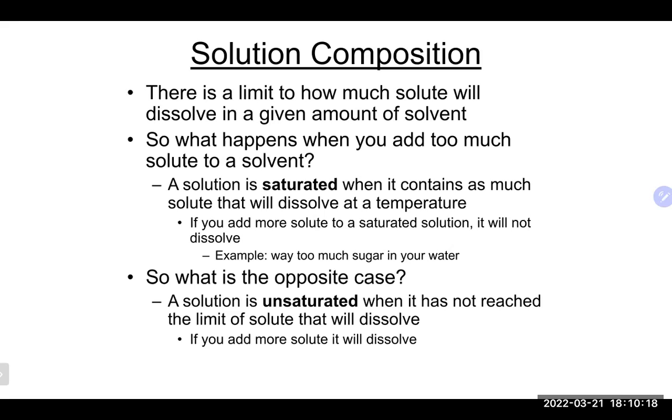So what happens when we add too much solute to a solvent, we get what is referred to as a saturated solution. A saturated solution is a solution that has hit the maximum amount of solute that will dissolve at a given temperature. So pretty much you just hit the point, which is sometimes referred to as the saturation point.